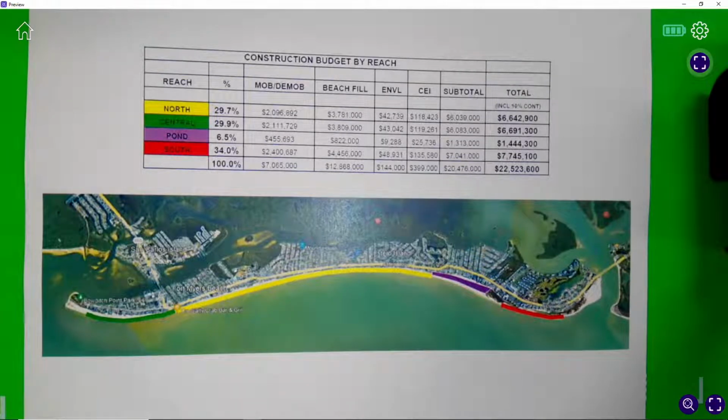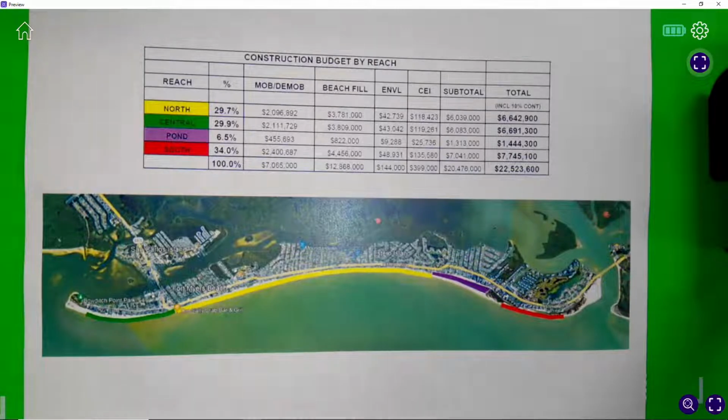It obviously needs a lot more sand than the central segment, which is much longer but about the same amount of sand. That's because the central segment's benefiting from the Matanzas Pass dredge spoils that have been placed near shore over the last decade or so. And a lot of it is accreted anyway. You can't necessarily identify where the sand came from, but a lot of that area has been accreting.